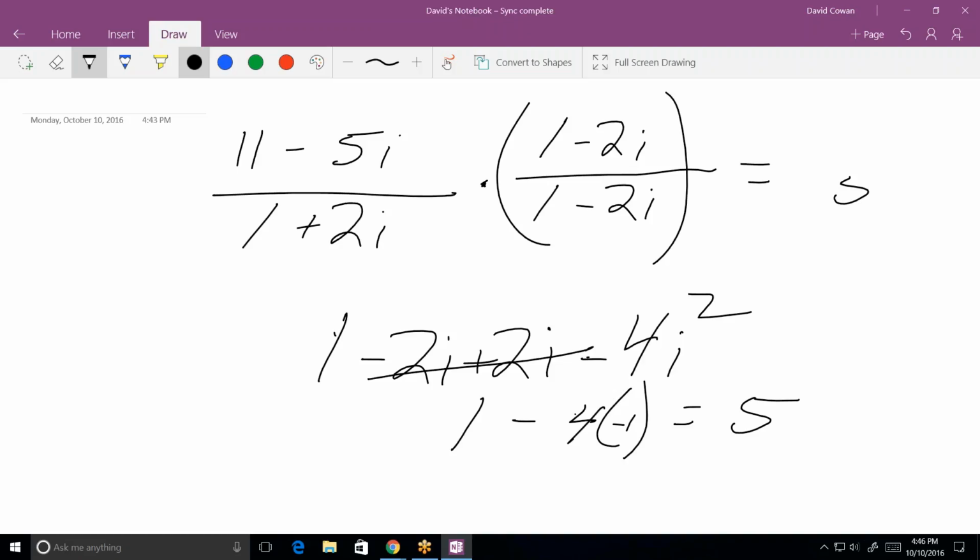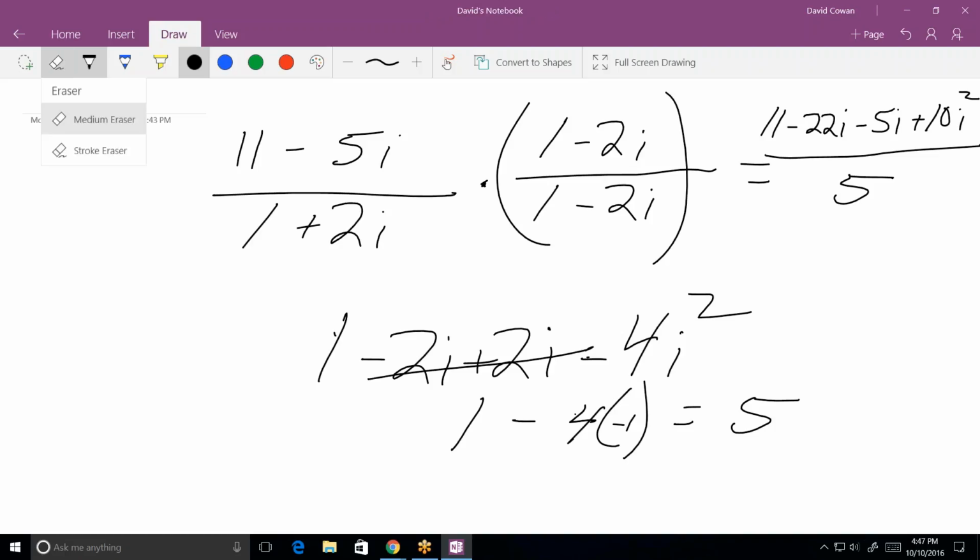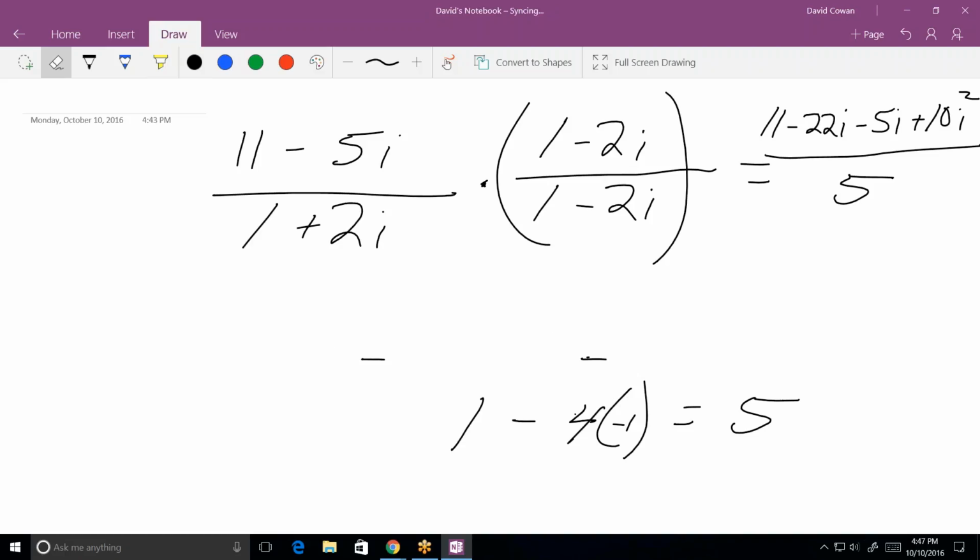Now, what happens to the top? Well, that remains imaginary, but go ahead and FOIL these two numerators together and tell me what I would have. 11, minus 22i, minus 5i, plus 10i squared. Now simplify that.